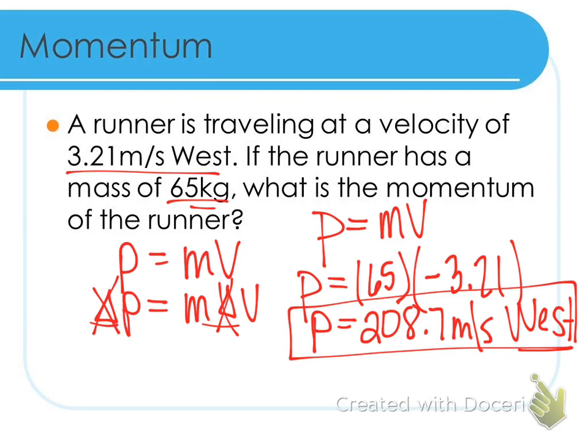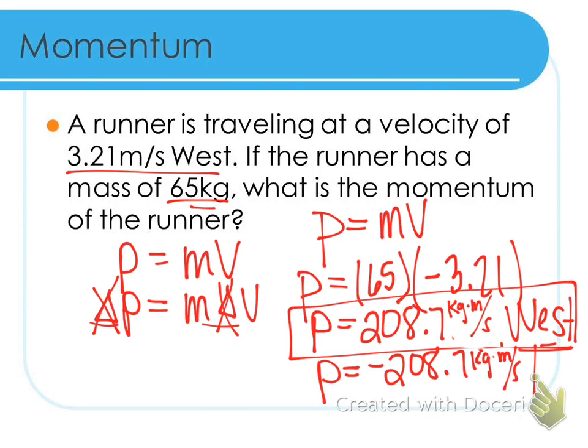So we can label that west, or we could also label it P equals negative 208.7. Oh, not meters per second, that's the wrong units. Sorry. Our units for momentum are kilograms times meters per second. Either of those answers would be acceptable because this tells us that we're heading in the west direction.